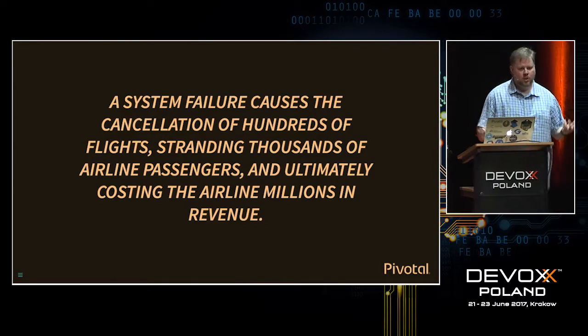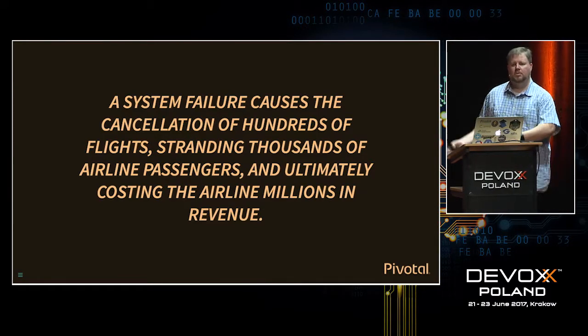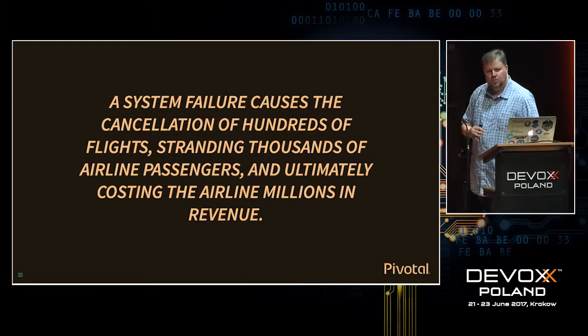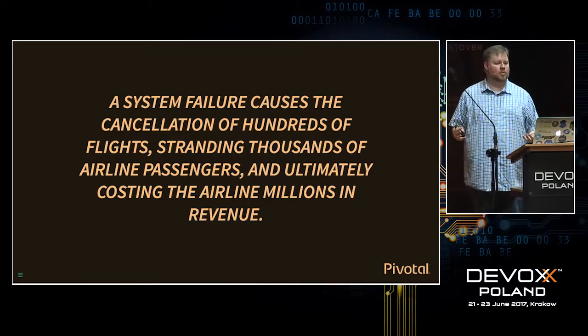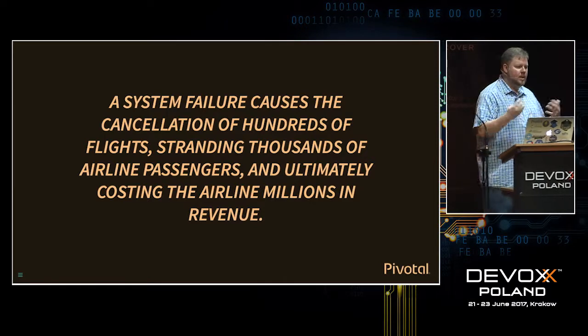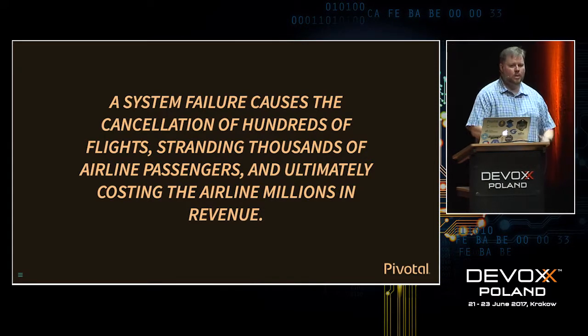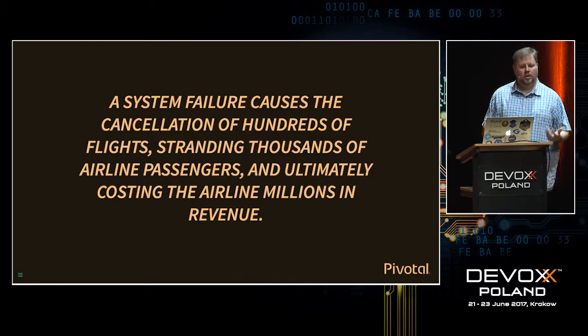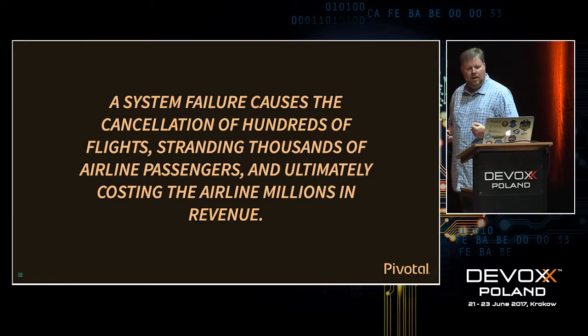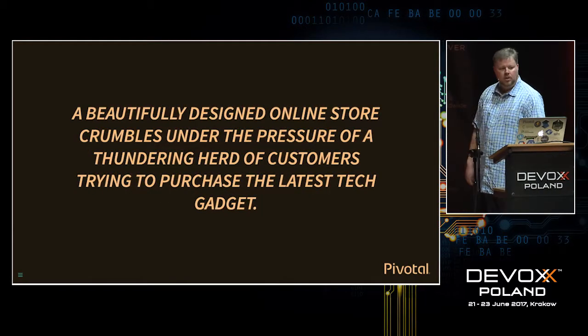And so recovering from those misplaced planes and misplaced passengers has a cascading effect where a few hours or a day of problems can lead to weeks of recovery. And once again, a lot of money is lost in that equation.